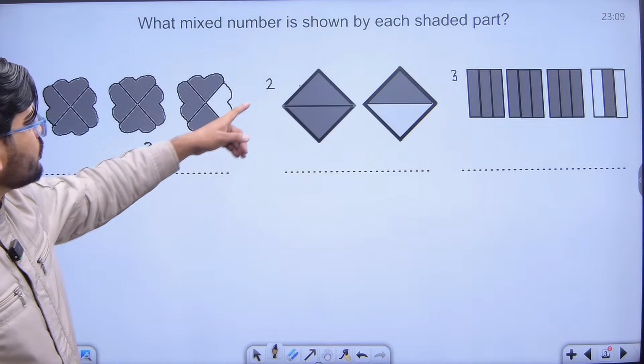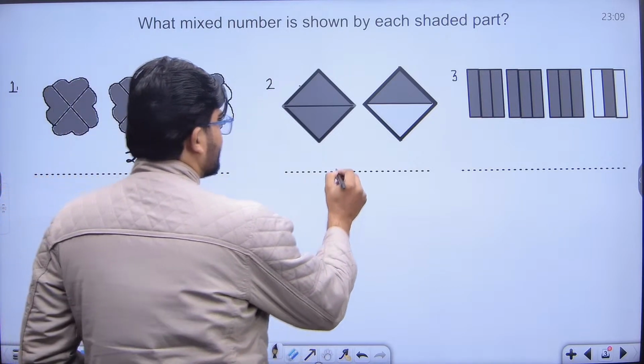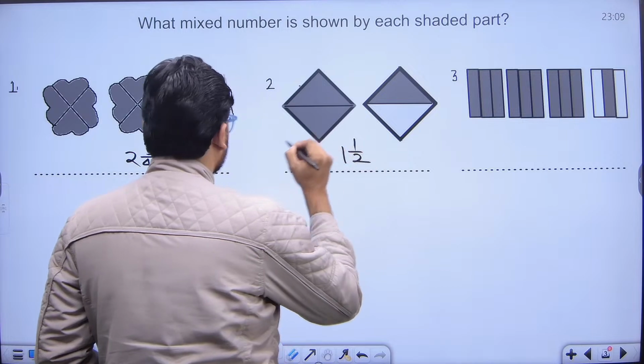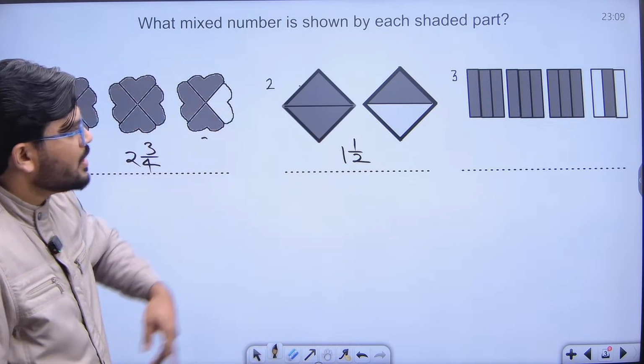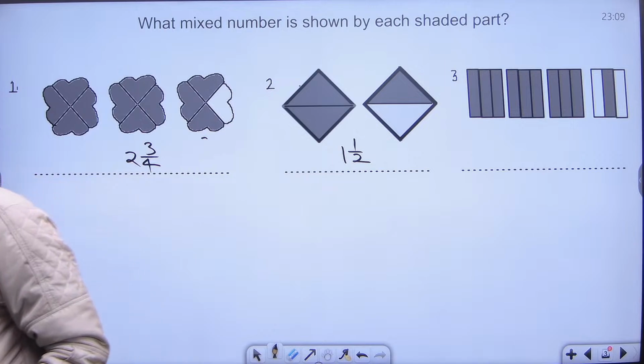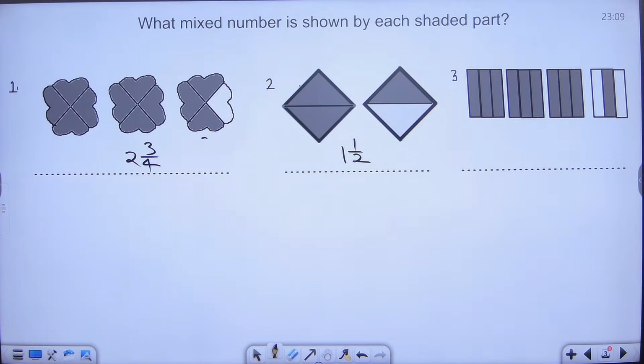Moving on to the next question, it will be very easy. It is going to be 1 and this is going to be 1/2. As I ask you the third question, now I hope that you all can tell me what the third option will be.